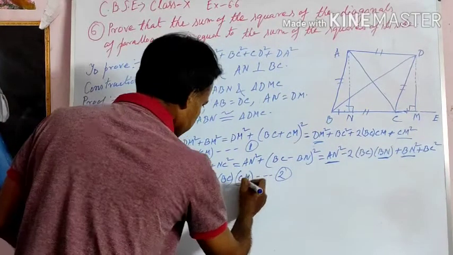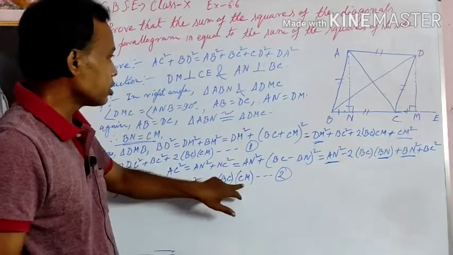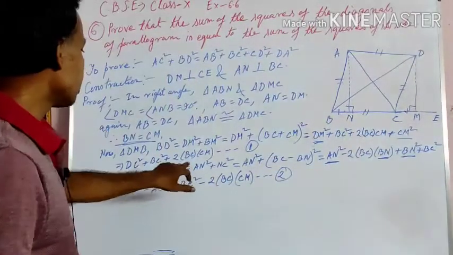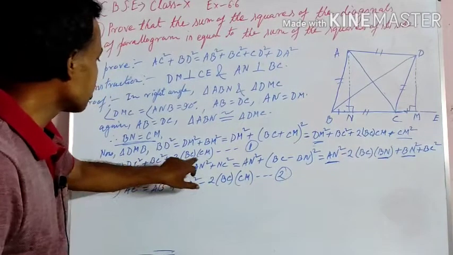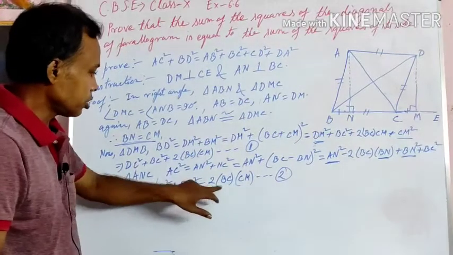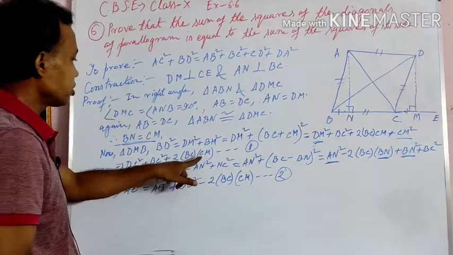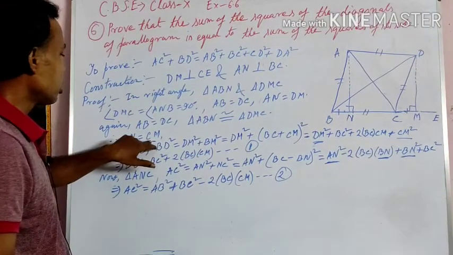This will be CM. So here twice BC into CM, here also twice BC into CM. This is plus twice BC into CM, here is minus twice BC into CM. This will cancel out. That is why we replace BN with CN.